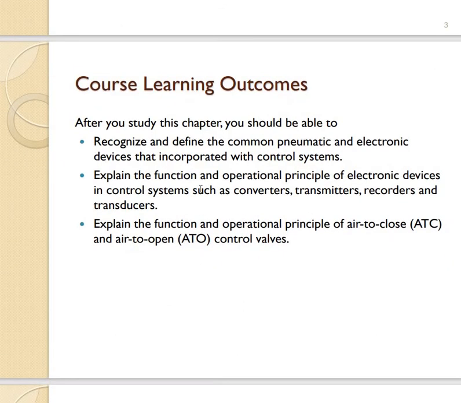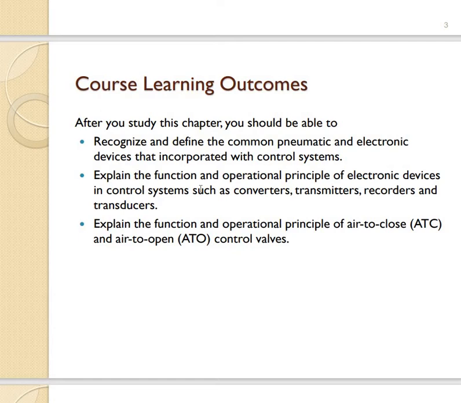So the course learning outcome for this chapter 2.2, firstly, students should be able to recognize and define the common pneumatic and electronic devices that are incorporated with control system.